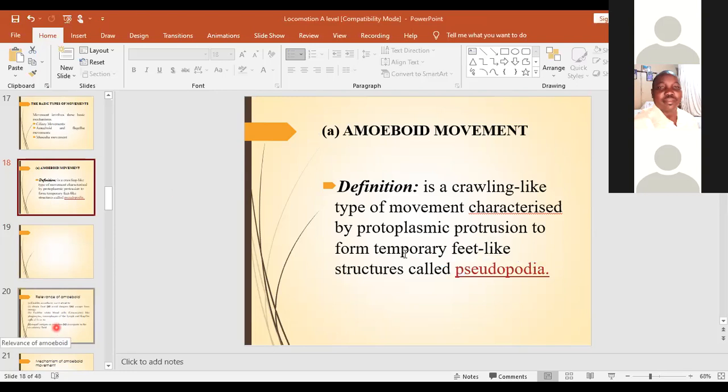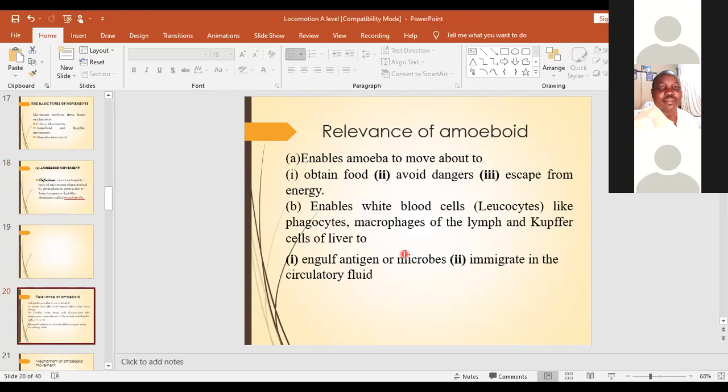We are going to look at the relevance. Why is amoeboid movement important? Two main areas. Number one, it enables amoeba to move about to obtain food, to avoid dangers, and to escape from the enemy. You might think the speed is too slow, but of course that slow speed enables it to escape from certain organisms.